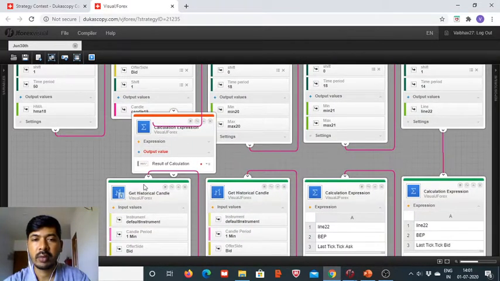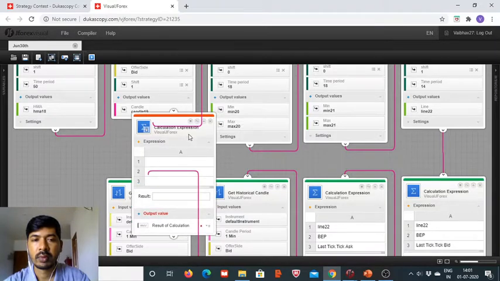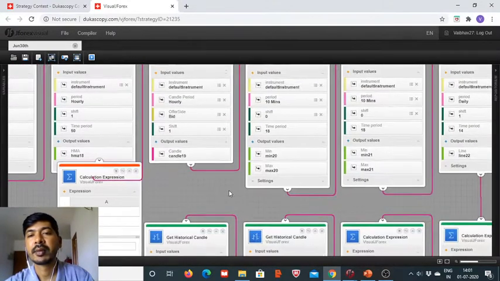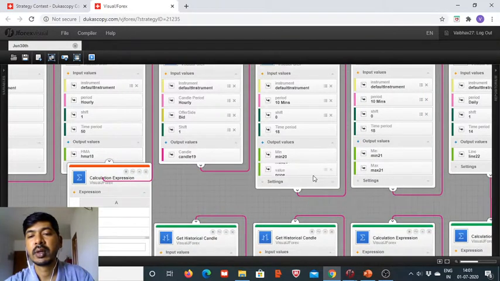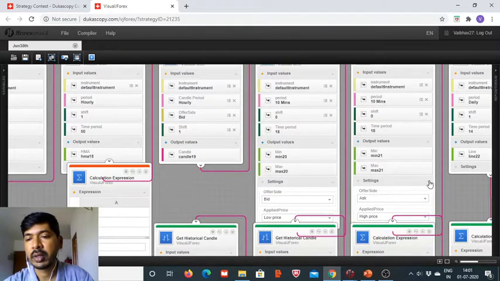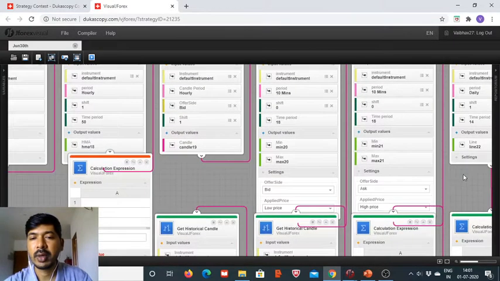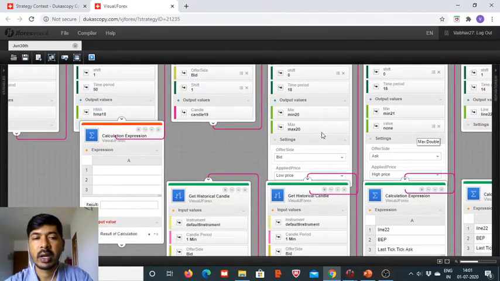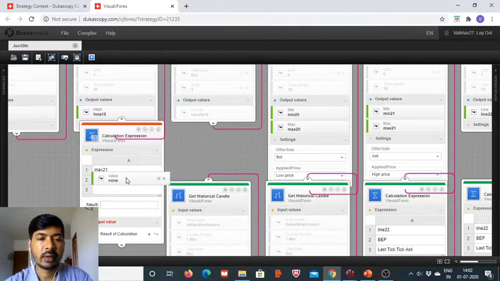And now we have to do the subtraction of lowest value from the highest value, that is the subtraction of minima from maxima. Maxima 21 minus minima 20. All right, we got it.